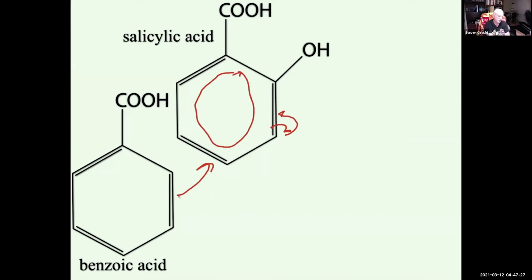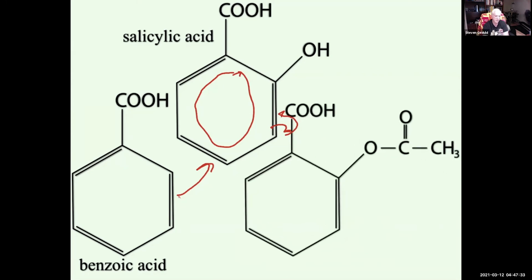So you can convert benzoic acid to salicylic acid. And then we convert salicylic acid into acetylsalicylic acid by adding an acetyl group to the OH group. That's 2 carbons. Acetyl group is ethanol, 2 carbons. So we add an acetyl group to salicylic acid and we get acetylsalicylic acid.